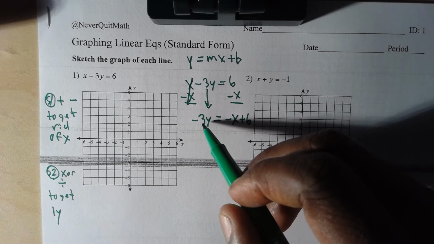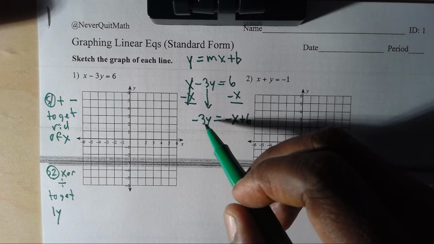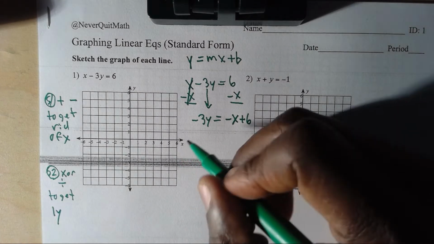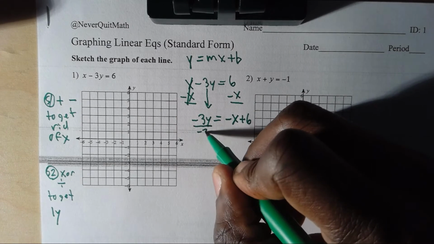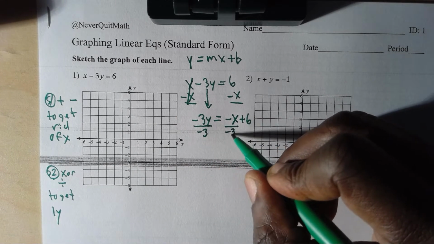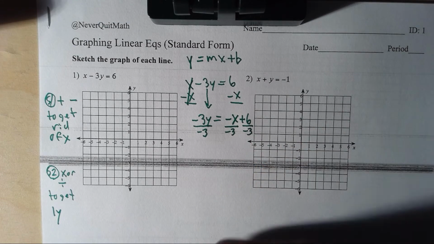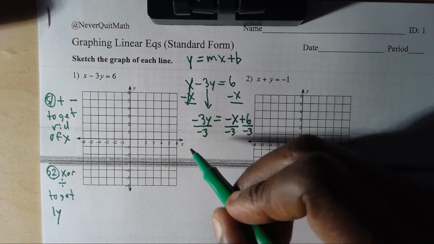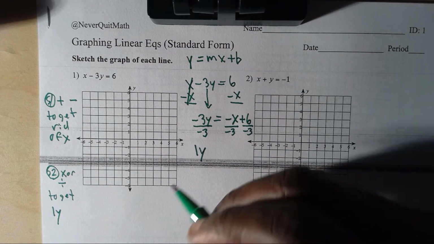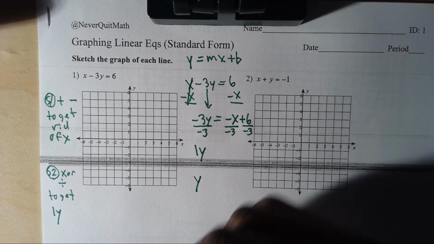Well, it's connected through multiplication because it's right next to it. So I have to do the opposite of that, which means I'm going to divide by negative 3 on both sides. When I do it to one term, I have to do it to all terms on both sides. Negative 3 over negative 3 gives me 1y, which is the same thing as just y, and that's what I want.